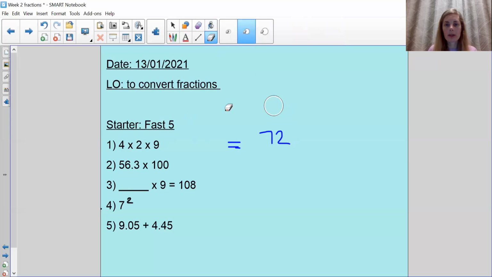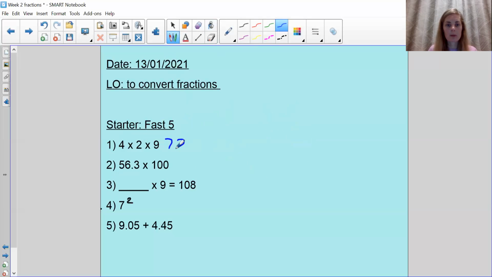Number 2, I'm going to rub this out, so we'll just move it over. I have some space to work out. Right, so I've got 56.3 and I'm multiplying it by 100. So when I'm multiplying, I'm going to be moving to the left, okay? And I'm going to move my number twice because there are 2 zeros. So I need to move my 3 and my 0.